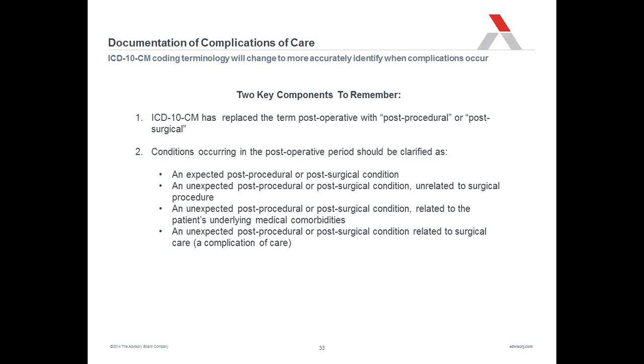For example, maybe the patient has chronic obstructive pulmonary disease and has quite a difficult time being extubated. Or an unexpected post-procedural condition that is related to the surgical care, a true complication of the care.